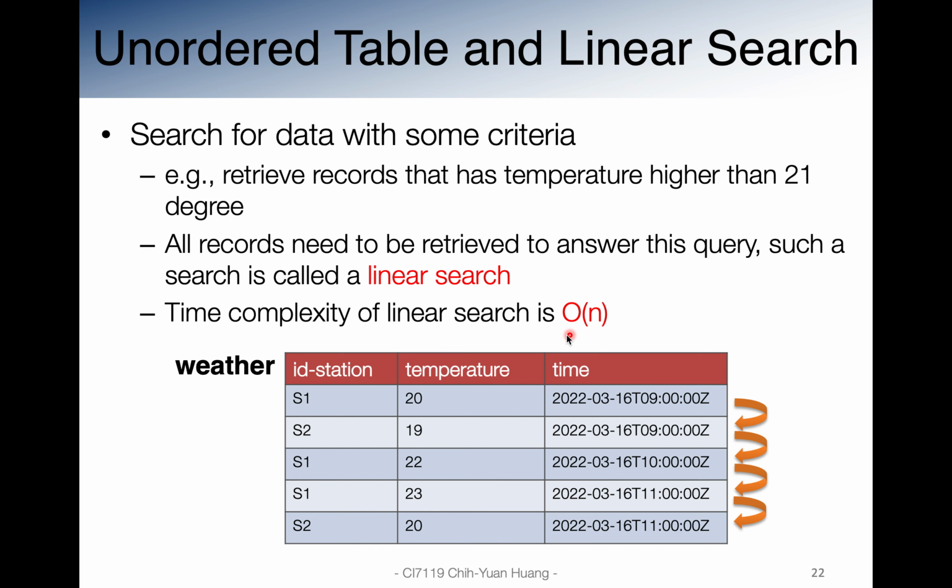This type of notation is used to describe the computation complexity or time complexity. The meaning of this time complexity is a way to represent the worst case scenario performance of this algorithm. Right now the algorithm that we are trying to represent is the linear search.